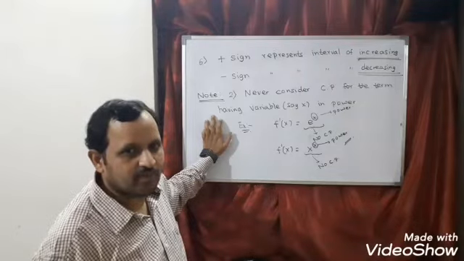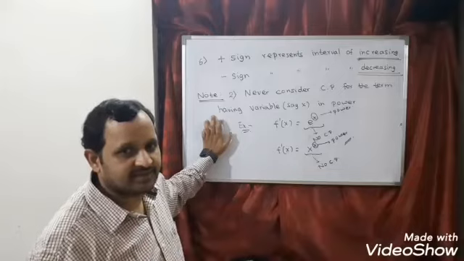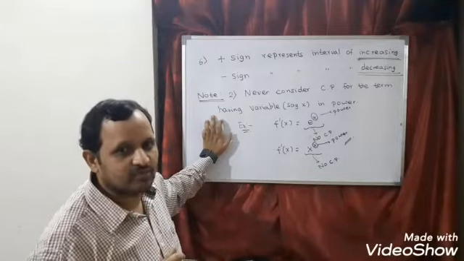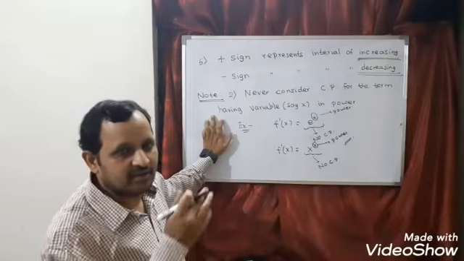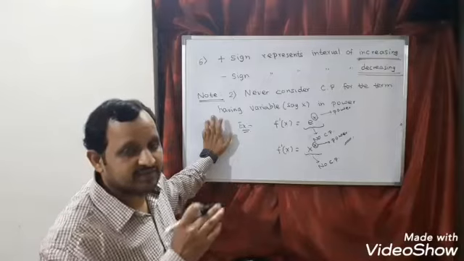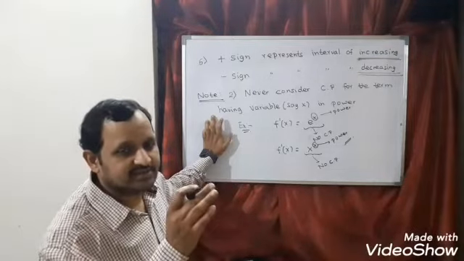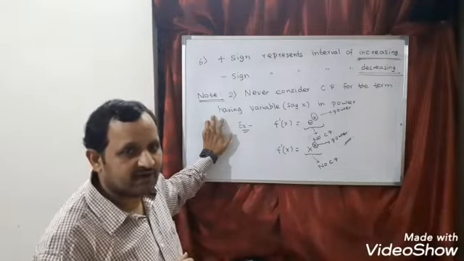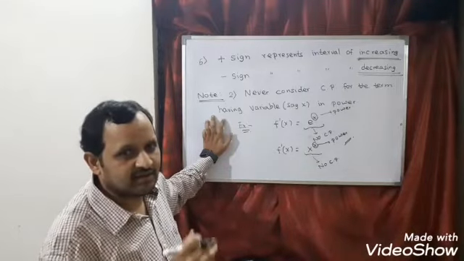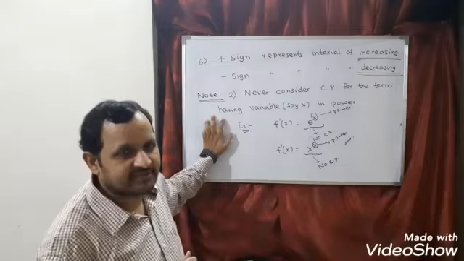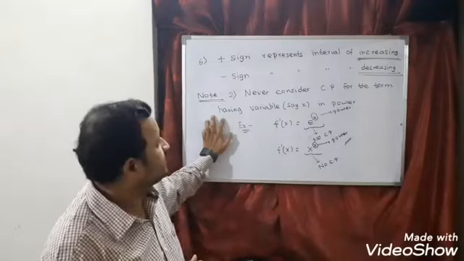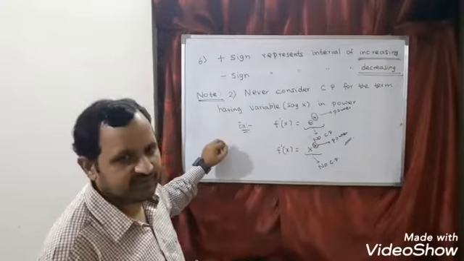And what is critical point? Value of x which makes bracketed term equal to 0 is known as critical point. Fifth step is put outside sign of f dash x after the largest critical point and then alternate sign. And last step is positive sign represents interval of increasing and negative sign represents interval of decreasing.